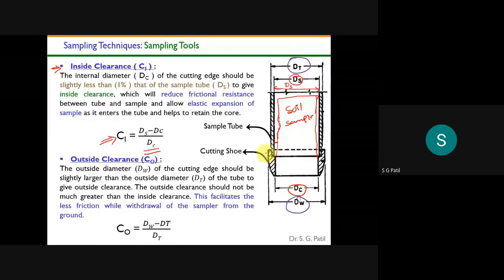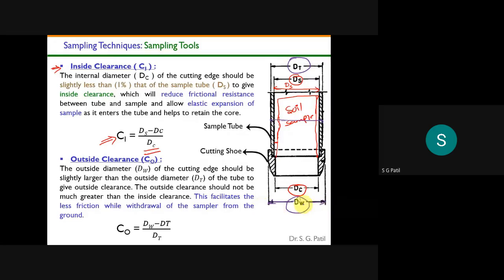The outer dimension of your cutting shoe is bigger than the outer dimension of your sampling tube. The outside diameter of your sampling tube is a little lesser than the outside diameter of your cutting shoe.